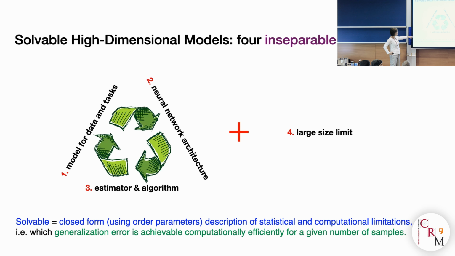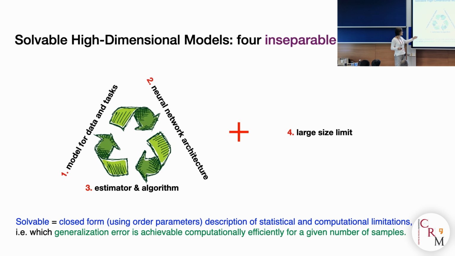When I say solvable models, I mean in the statistical physics sense, like the Ising model in 2 dimensions is solvable in the sense that we can write a closed form equation in terms of what in physics we call order parameters. In statistics, we could call it sufficient statistics, that describes what we are interested in the model. And in neural networks, what we are interested in is to describe the statistical and computational limitations.